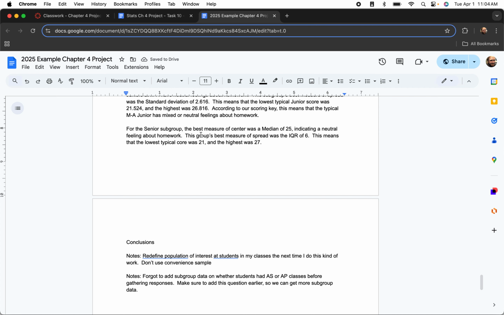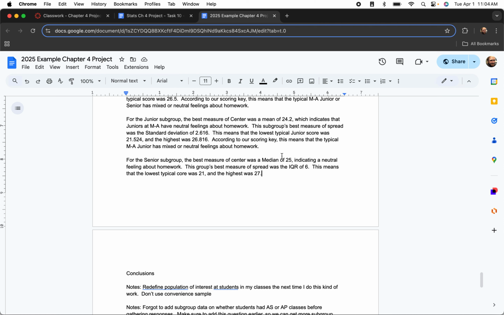So for the senior subgroup, the best measure of center was a median of 25, which indicates that seniors at MA have neutral feelings about homework. This group's best measure of spread was the IQR of 6. This means the typical score was 21 and the highest was 27.